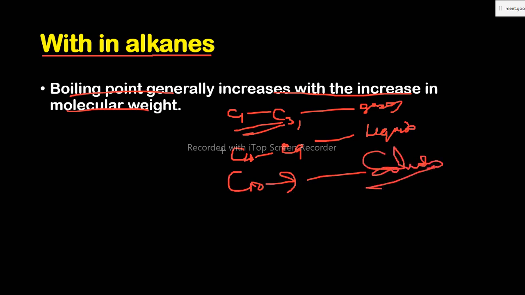So what does this imply? It implies that the intermolecular forces of attraction holding these molecules together become stronger and stronger as the carbon chain increases. Why? It goes back to the van der Waals forces of attraction.